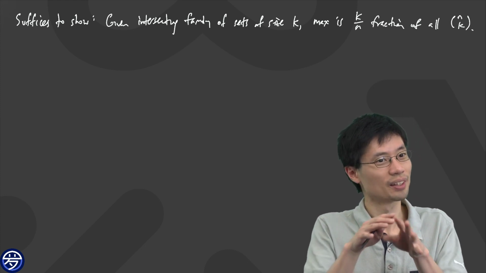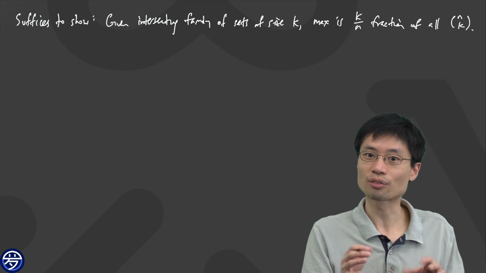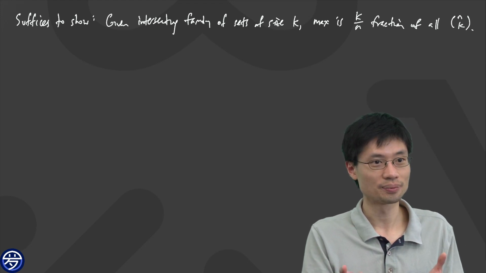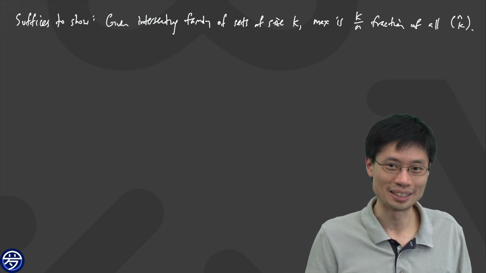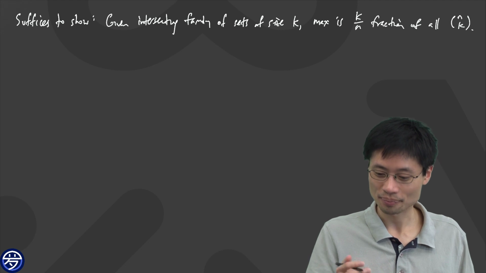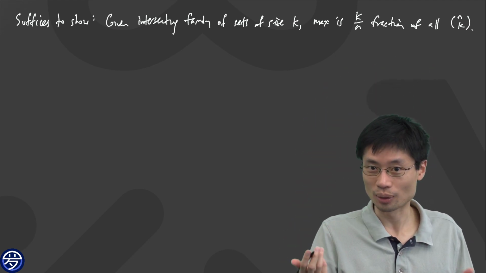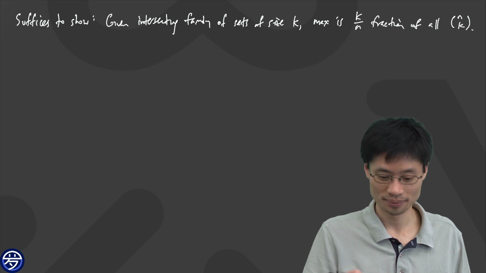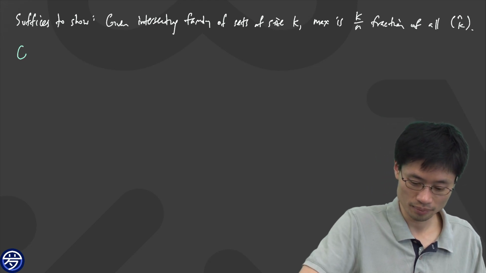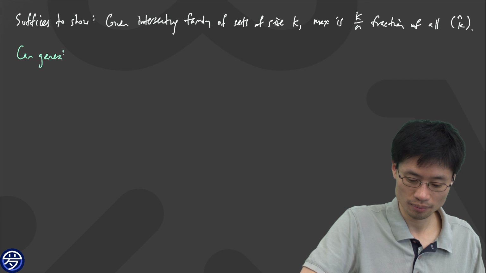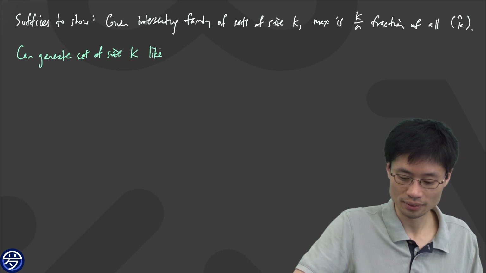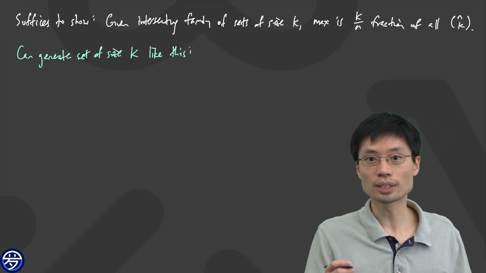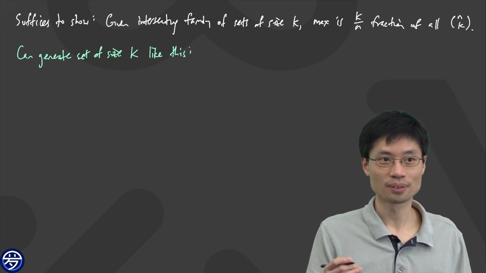I'm making a circle. The way you think of this is you write your numbers 1 through n in a circle. Let me first state an idea, and then we'll see that the probability is the easier way to think about this. Here is one way to generate a set of size k. You write the numbers from 1 to n in a circle, randomly.